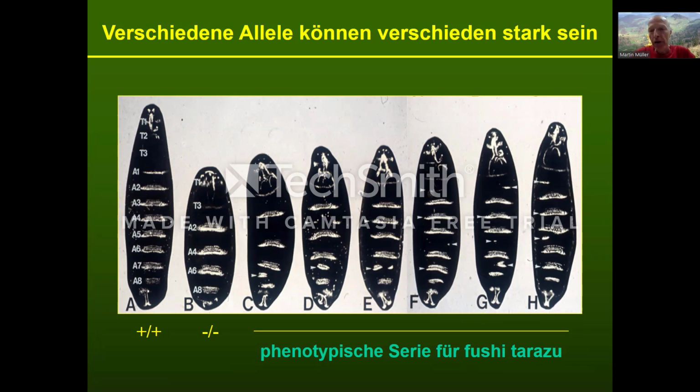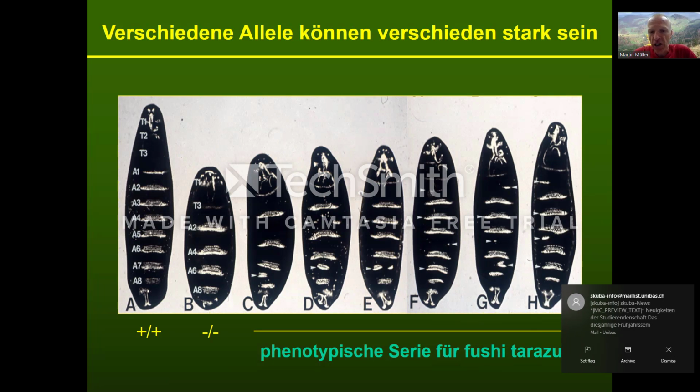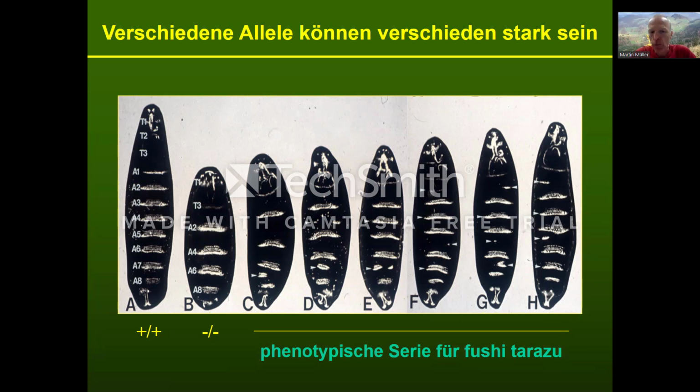Then if you have a mutation in a gene or several mutations in a gene, they do not all need to have the same phenotype. Here are examples for Fushi tarazu, one of the pair-rule genes. The wild type you know by now. Here it has 3 thoracic and 8 abdominal denticle belts in the wild type. In the null allele of Fushi tarazu you can see that there are only 4 of these denticle belts left.